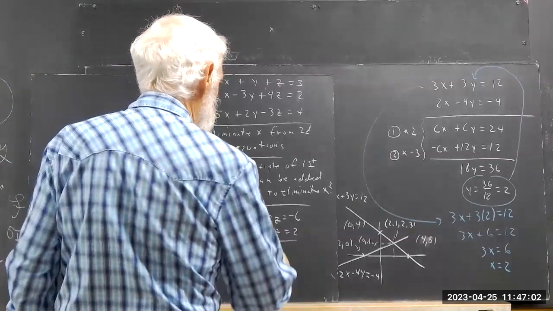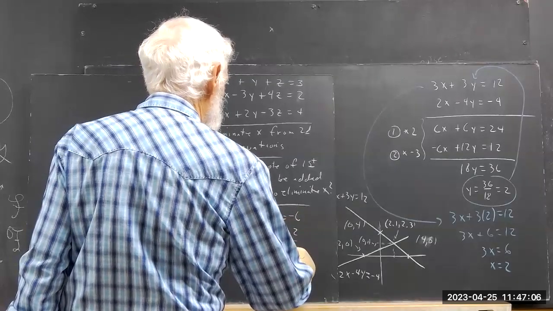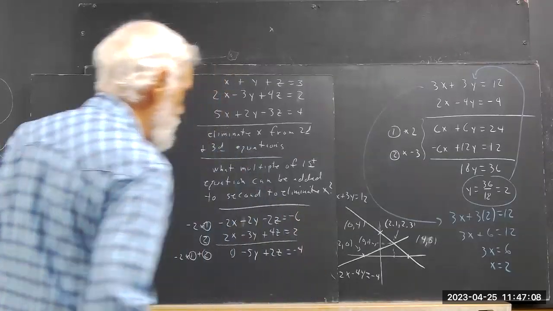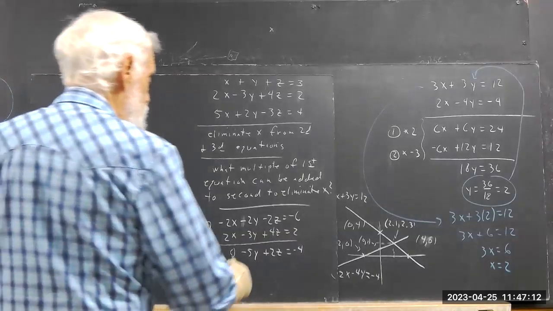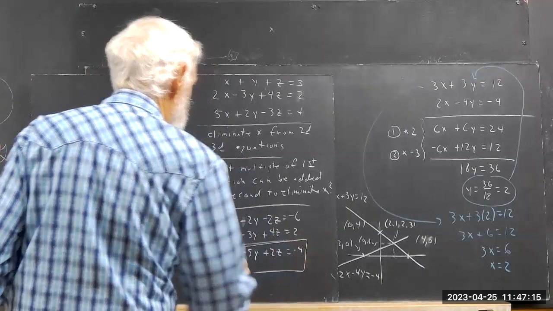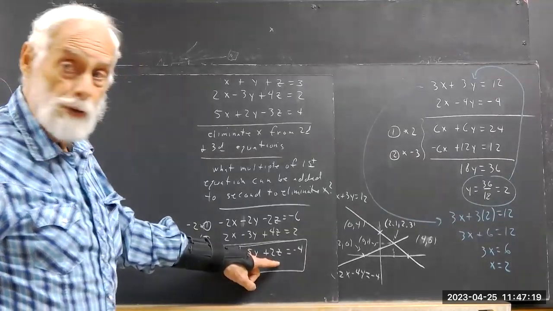Negative 2z and 4z is plus 2z. And negative 6 and 2 is negative 4. So that gives us this equation. And now we've got an equation in just two variables.